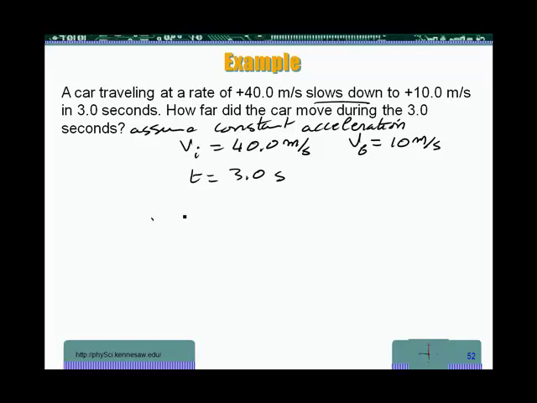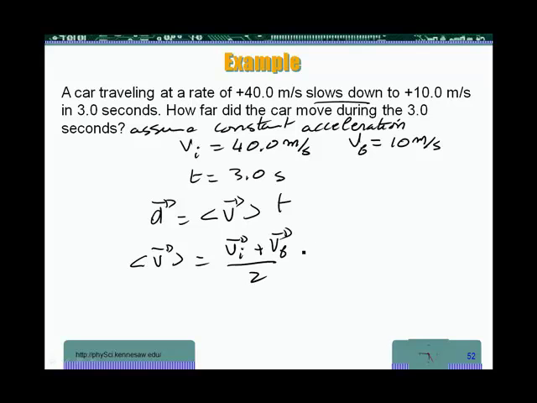So in this case, to find the displacement, average velocity times time. And for constant acceleration, the average velocity is the initial velocity plus the final velocity over 2, which in this case is going to be equal to 40 meters per second plus 10 meters per second over 2.